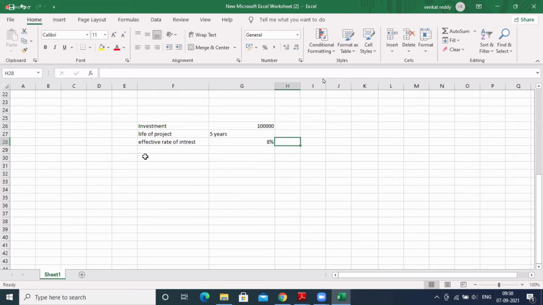Now, I invested $1 lakh in a project, so the total investment is 1 lakh, and the life of the project is 5 years, and the effective rate of interest is 8%. The project will be giving returns, that is, after 1 year, the project is going to give a cash inflow.